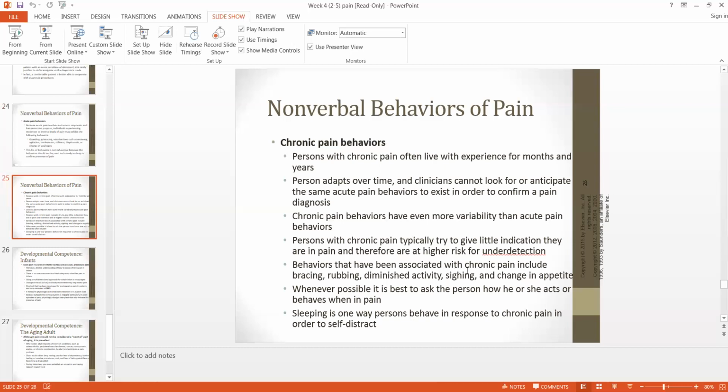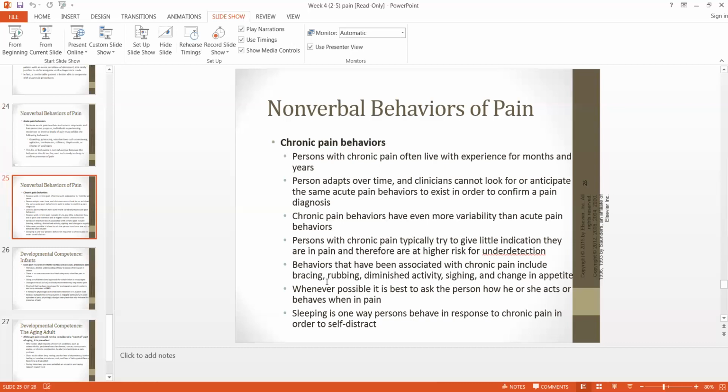Behaviors that are associated with chronic pain, this is how you're going to see that this person is experiencing it: bracing. They're holding an arm so it doesn't swing out because it hurts when that happens. They're rubbing a body part. Again, diminished activity. They are sidelined. They're sighing, and there's a change in appetite. When you're in pain, you don't eat as well.